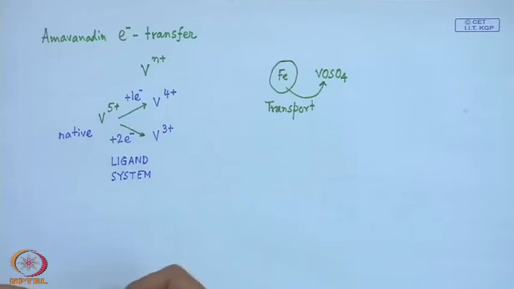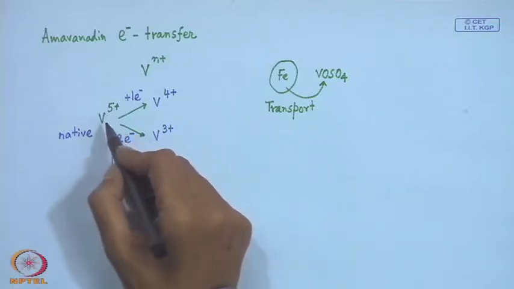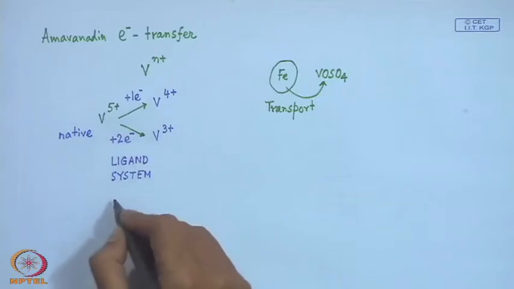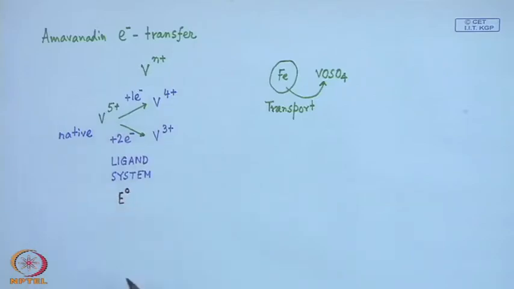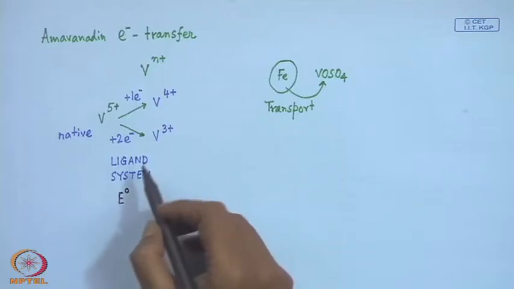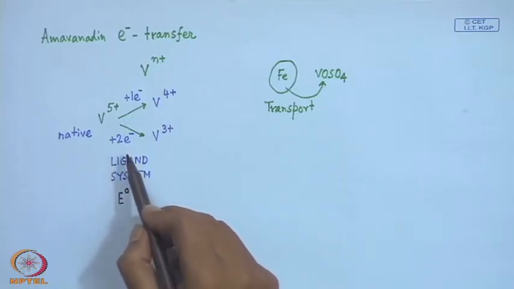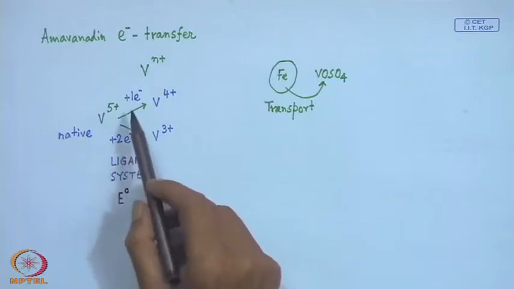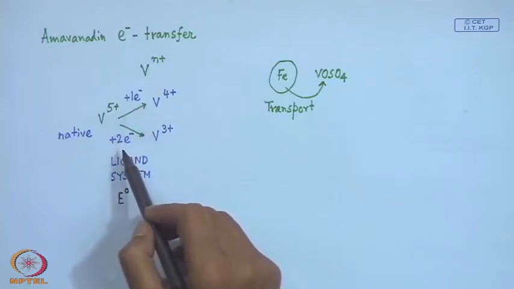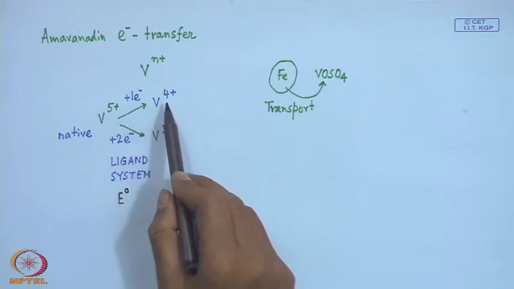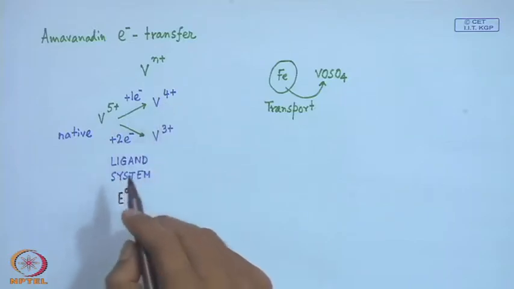And we all know that when this particular ligand is going to bind vanadium 5, basically we can manipulate the E0 value, and immediately after binding the reduction potential is going down, and it can be reduced nicely by some biological reducing agent to vanadium 4 plus or vanadium 3 plus.